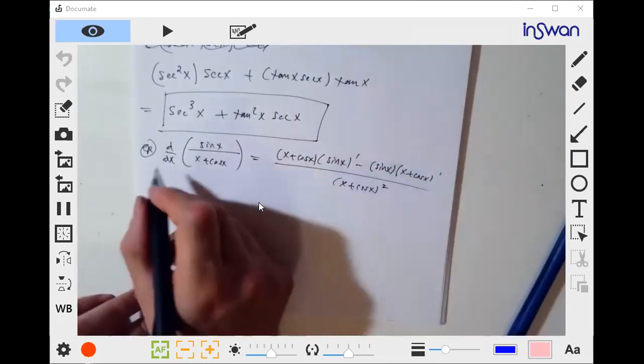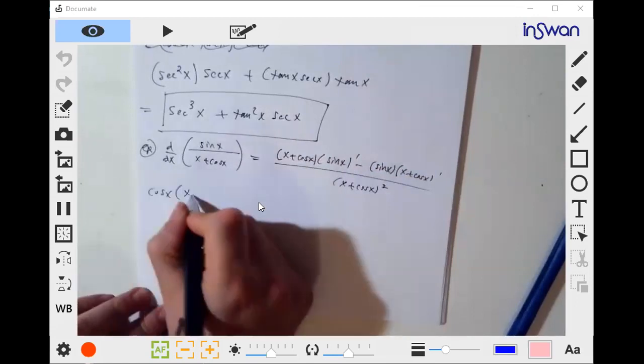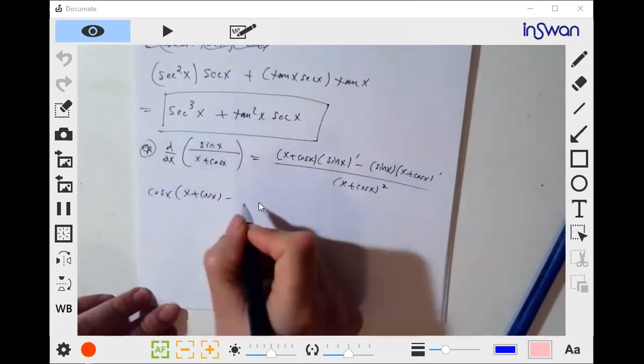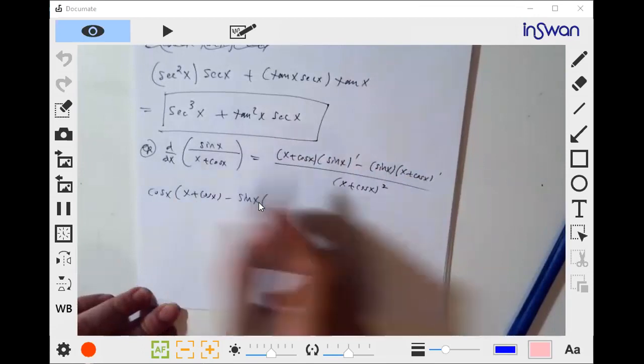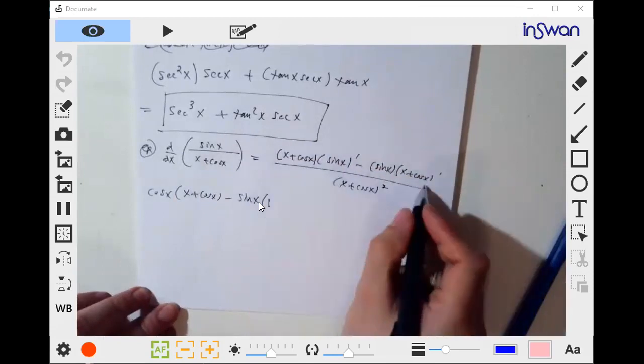The derivative of sine is cosine. And the derivative of this guy is 1. Derivative of x is 1. Derivative of cosine is negative sine.